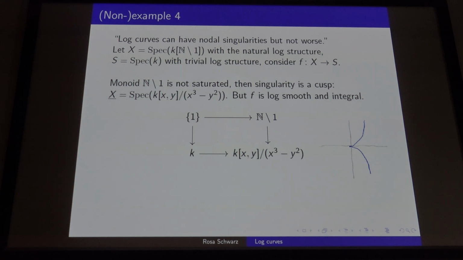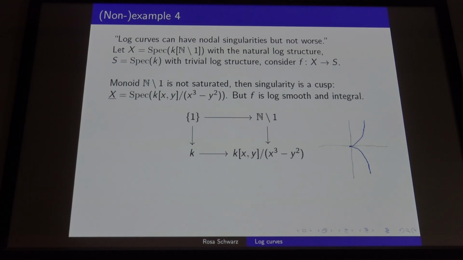And this map will also be integral, but this is also not what we call a log curve because our scheme X in this case is not saturated. So these are examples of what we do and don't consider log curves.